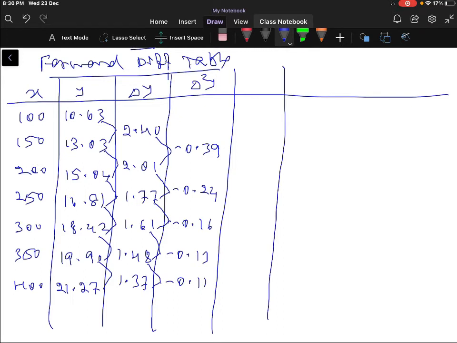So these are the second forward differences.